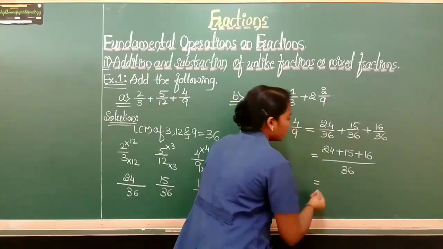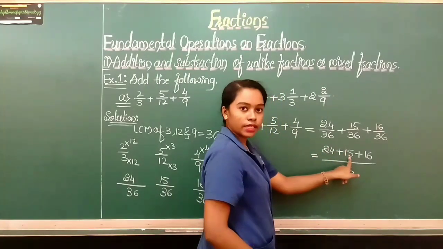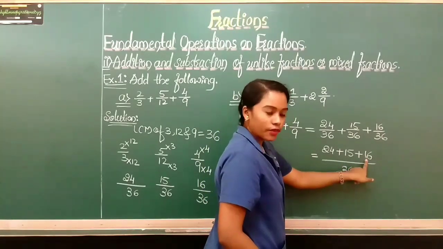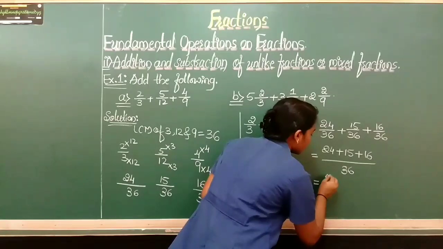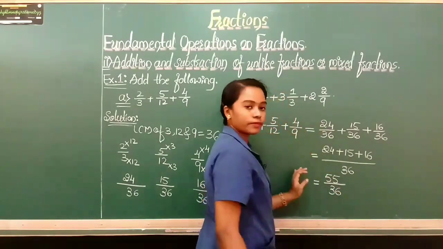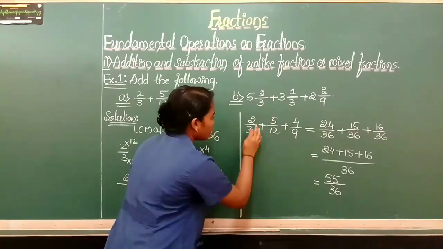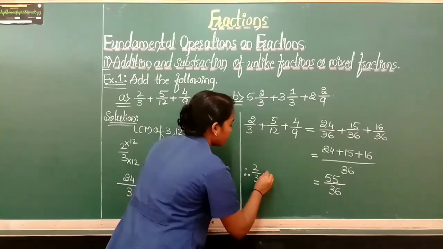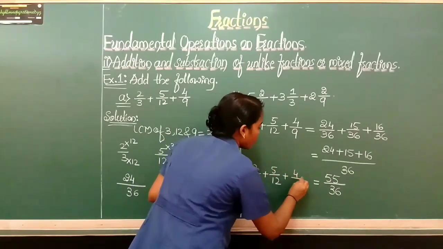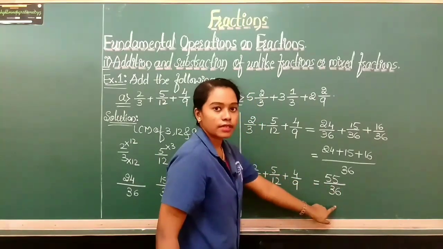Now add the numerators. 24 plus 15 is 39. 39 plus 16 is 55. 55 upon 36. Therefore, 2 by 3 plus 5 by 12 plus 4 by 9 is equal to 55 by 36.